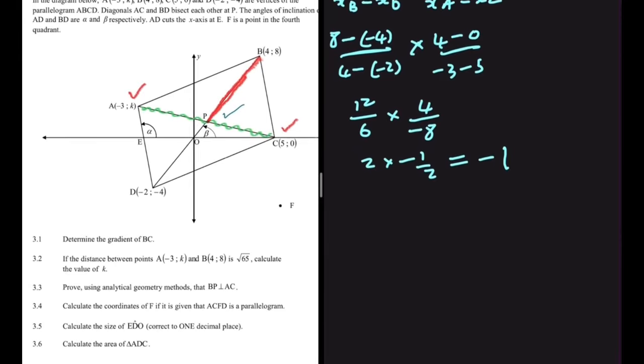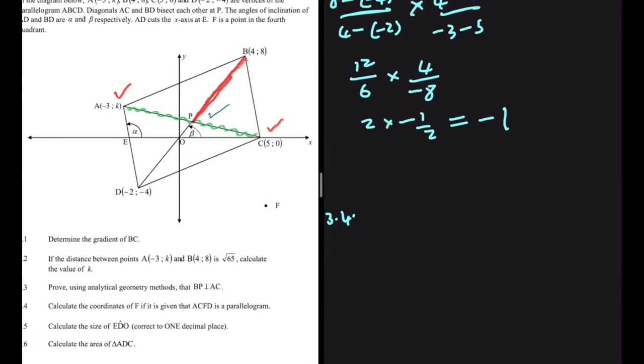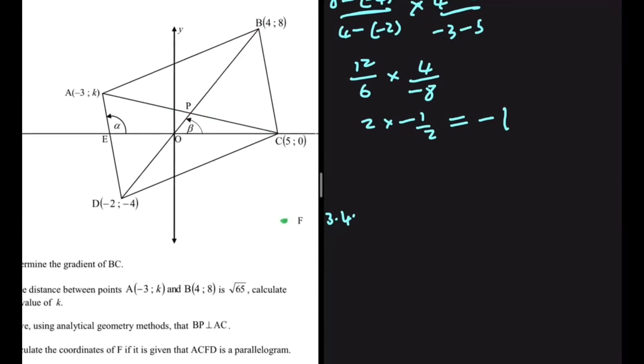Let's move to 3.4. In 3.4, we're supposed to calculate the coordinates of F, if it is given that ACFD is a parallelogram. So let's go ahead and look at F. F is right here. So if it is a parallelogram, let's go ahead and connect those points.